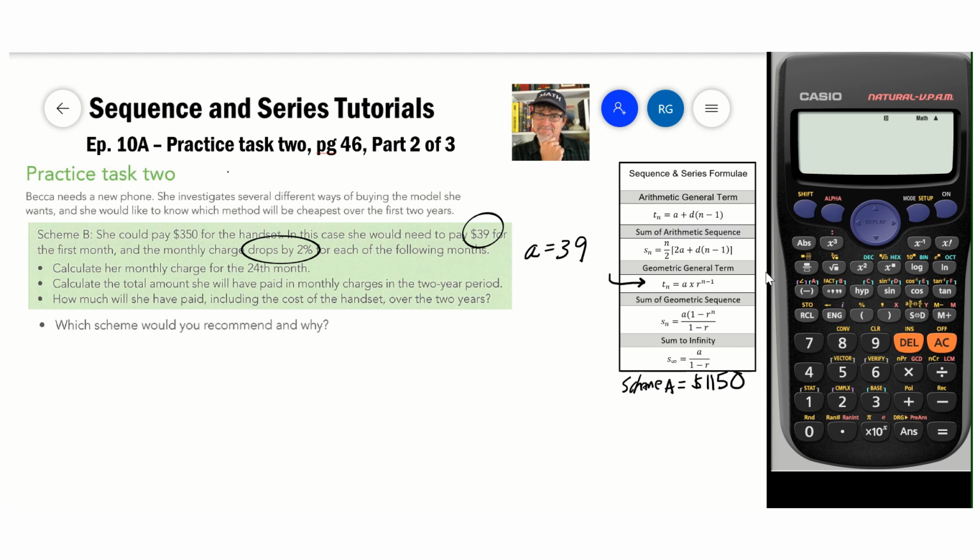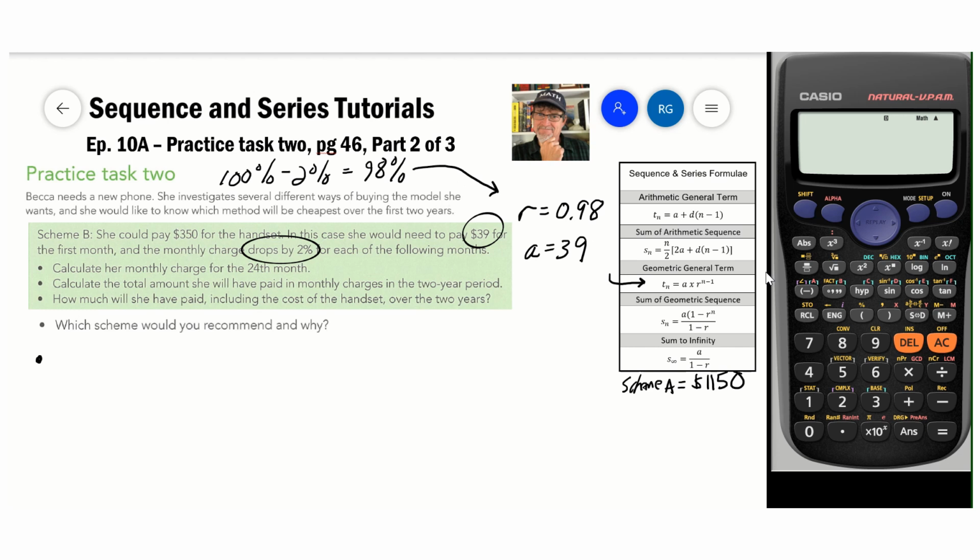So if we start off with 100% and we drop it by 2%, I hope you'll agree that we're left with 98%. And 98% gives us an R, or a common ratio, of 0.98, because that's the decimal equivalent of 98%.